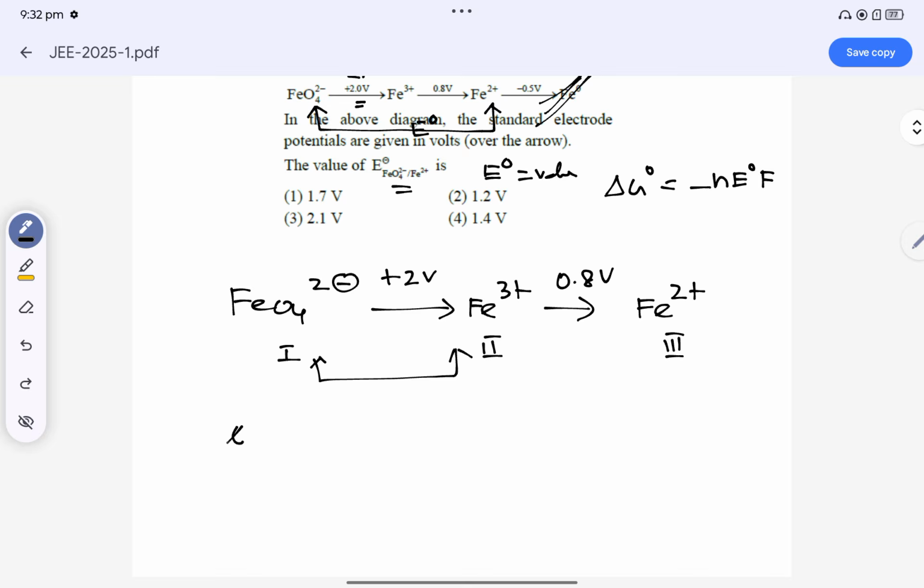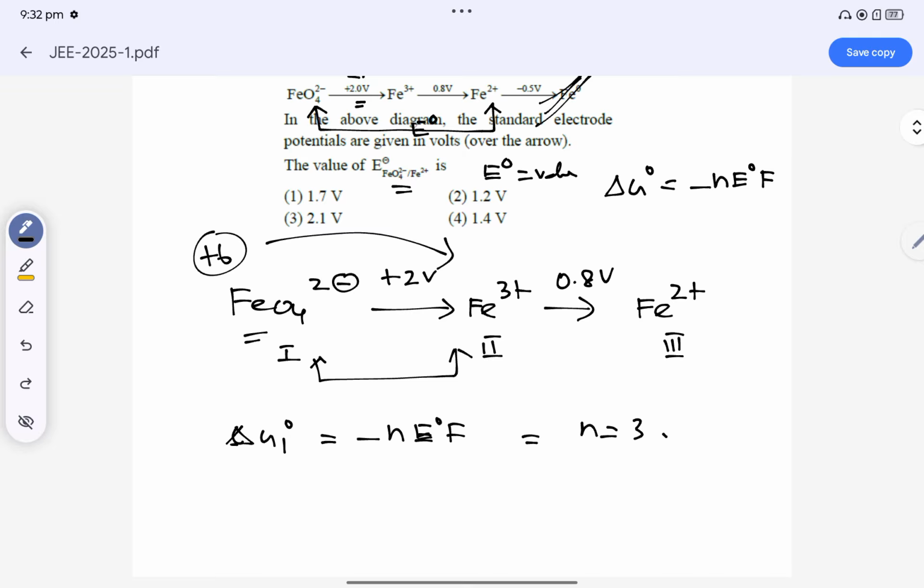Here del G1 naught is equal to minus n E naught F. Yes, my dear student, what about the conversion? The oxidation state of Fe is found to be plus 6. So plus 6 to plus 3, the n value will be 3. Clear?